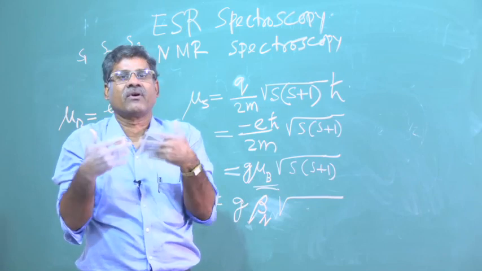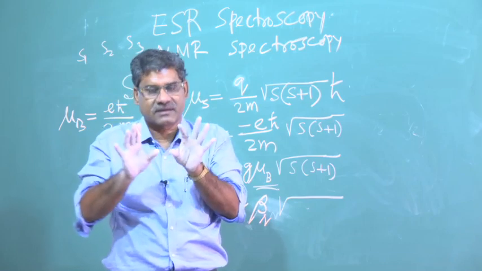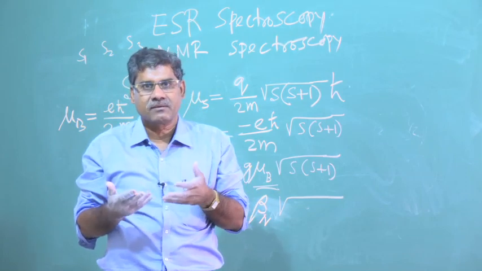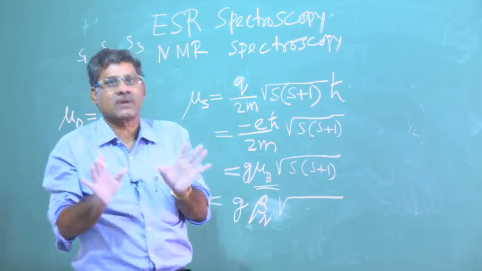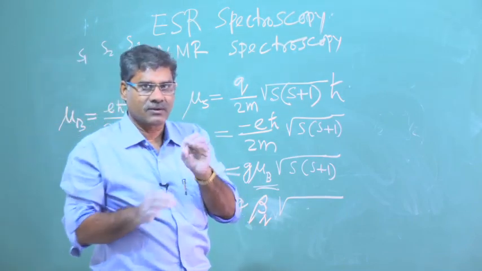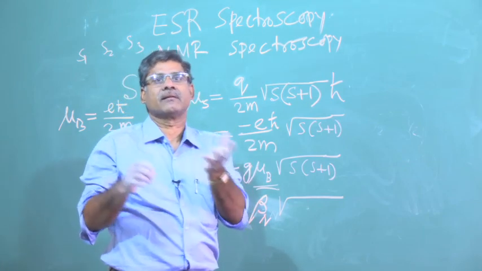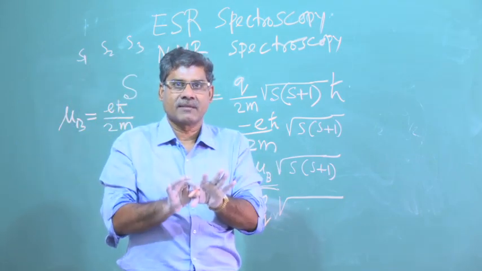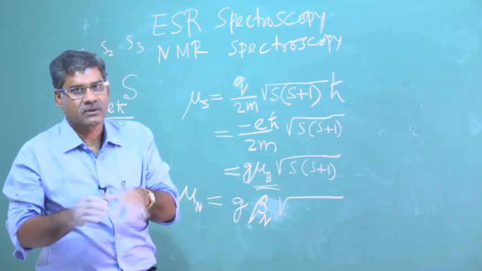So it can be only for proton, only for neutron, or for proton and neutron together, but since all are similar in terms of spin, because both have half, and mass also both have more or less the same mass, that is why we tell nuclear spin, not proton spin and neutron spin separately. Both are same in terms of spin half and in terms of mass. So these are nuclear spin.